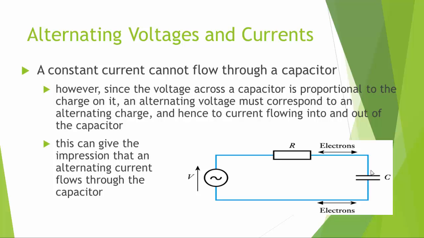In this case, we see something very funny, where a constant current can't flow through a capacitor. If the voltage varies quickly enough, an alternating voltage, it appears to be flowing through the capacitor because the capacitor charges and discharges, and it really doesn't interfere with the alternating current at all.